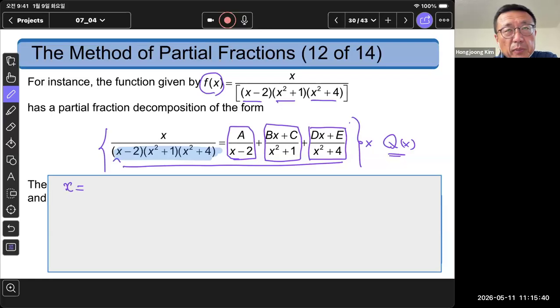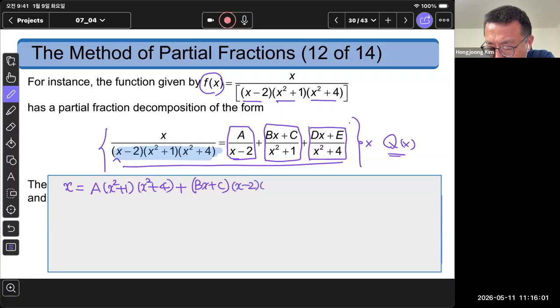And when qx is multiplied on the first term on the right, you get a times x squared plus 1 times x squared plus 4, plus bx plus c times x minus 2 times x squared plus 4, and then dx plus e times x minus 2 times x squared plus 1.